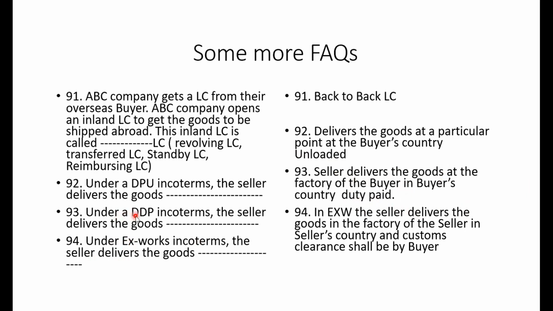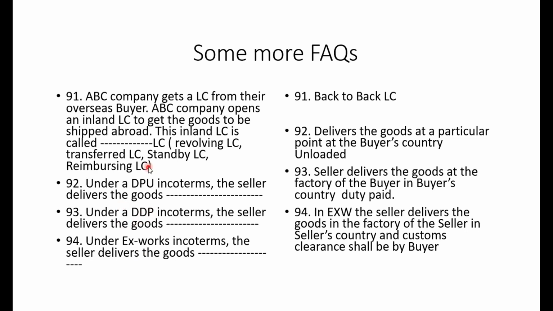But DDP means the exporter has to deliver the goods to the buyer's godown in the buyer's country. Up to that is the pricing. If this is $10,000, that may be $13,000 also, depending on various factors. This has fewer expenses for the exporter, and here he has to incur all the expenses and load them in his invoice.